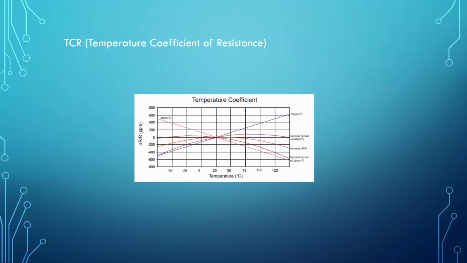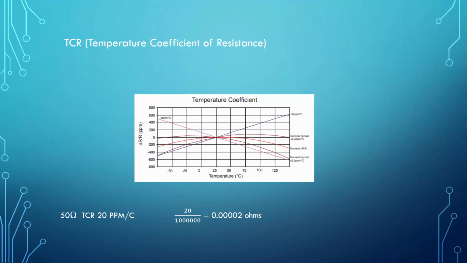But what does that really mean? Let's have an example. Assume that we have a 50 ohm resistor with a TCR of 20 ppm per centigrade. That means its resistance will not change more than 20 divided by 1 million, which is equal to 0.00002 ohms per ohm per centigrade temperature change.